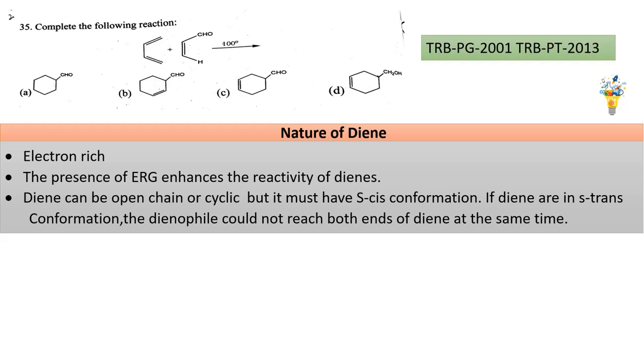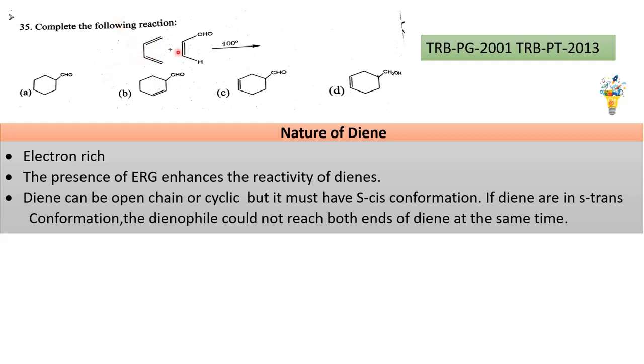This butadiene is an electron-rich compound, with 4 pi electrons, and it is the HOMO part, the highest occupied molecular orbital, so electron rich. In addition, the presence of an ERG, an electron releasing group, enhances the reactivity of the diene. Suppose the diene is attached to electron releasing groups, the reactivity increases.